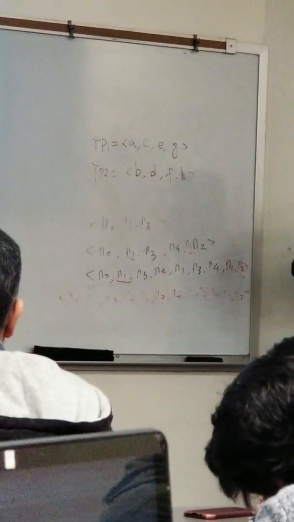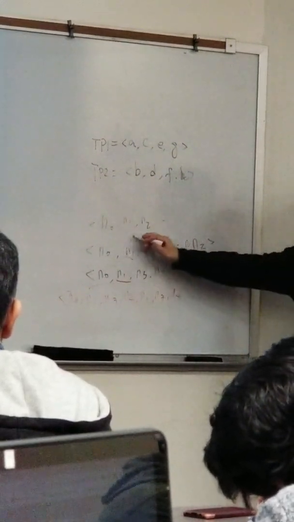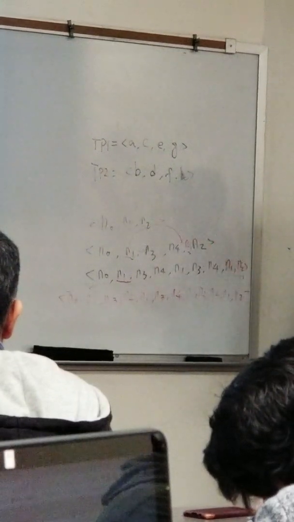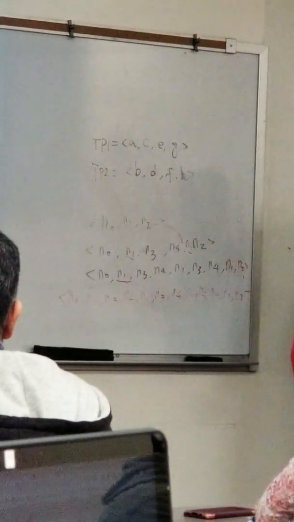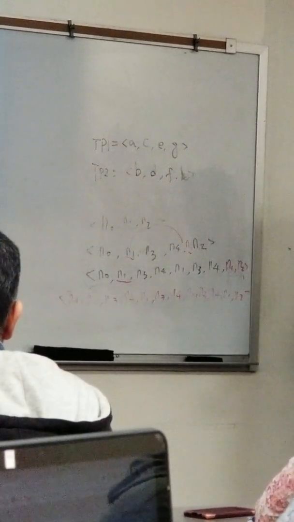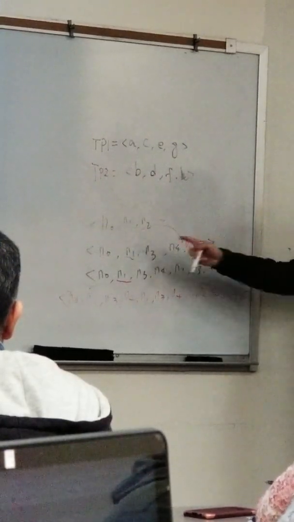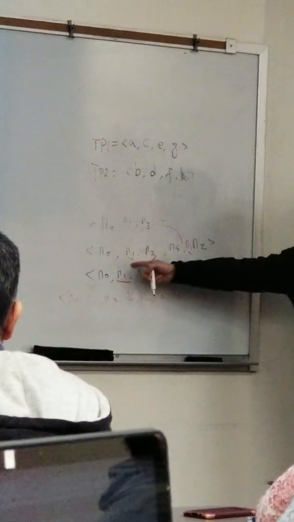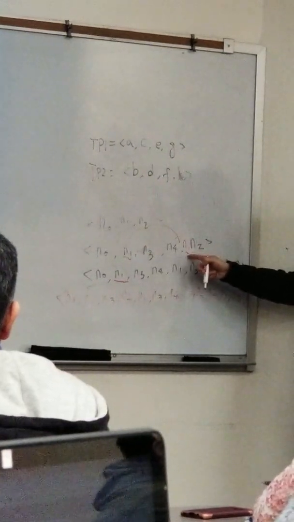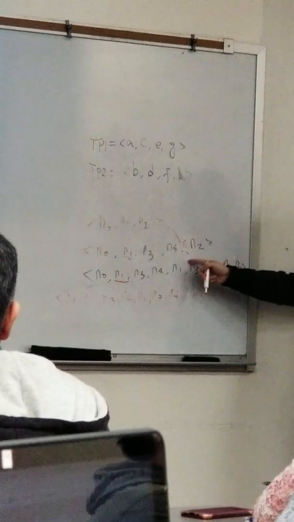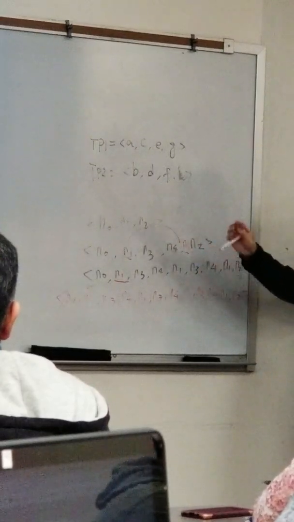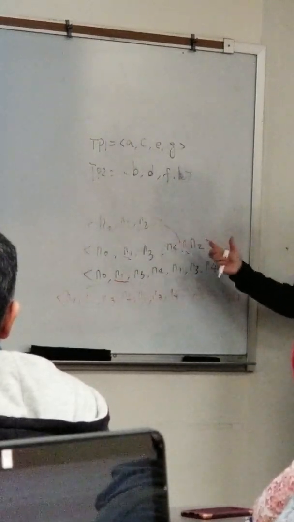If you visualize it, this is basically a loop. When the same node appears again, then you have a loop in the path. This one is not the first node, and this one is not the last node. So this is the internal loop. It means outside the loop you have some other node.